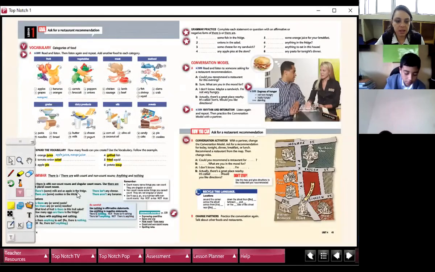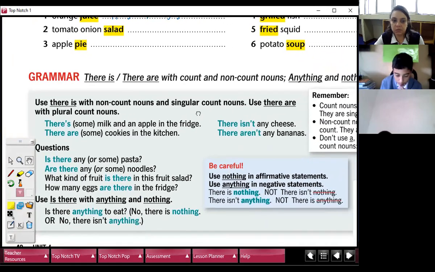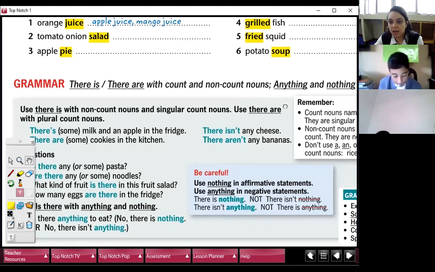Do you remember that the last class we already identified the vocabulary, and the homework you were supposed to do was to complete this part. Now we are going to identify and read about the grammar, okay? It says grammar, there is, there are, with count and non-count nouns.